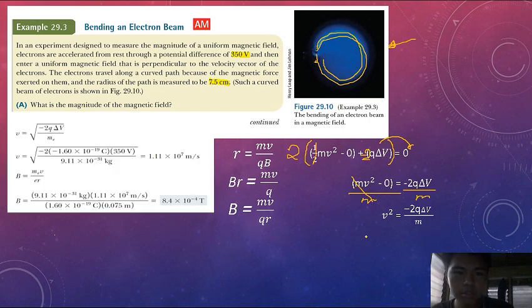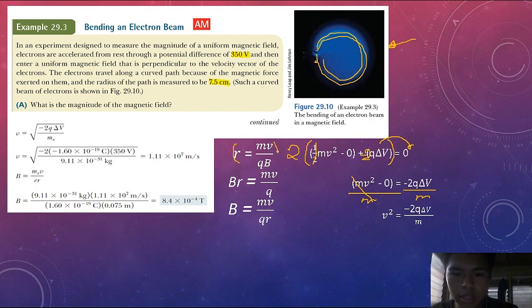So, what is the magnitude of the magnetic field? So, using the equation 29.3, we have R equals to mass times velocity over charge and magnetic field.